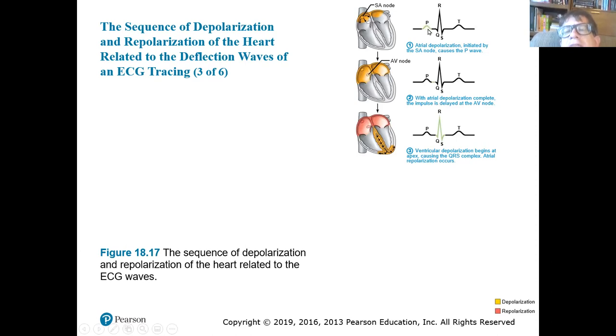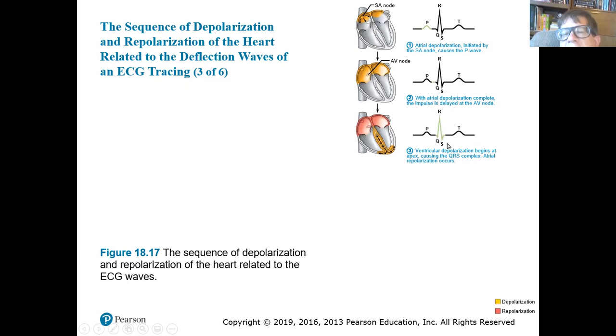So during the P, we have the electrical signal, the depolarization signal spreading through the atria. During this segment right here, between the P and the S, we have it spread fully. The entire atria on both sides is getting the signal that it needs to contract.